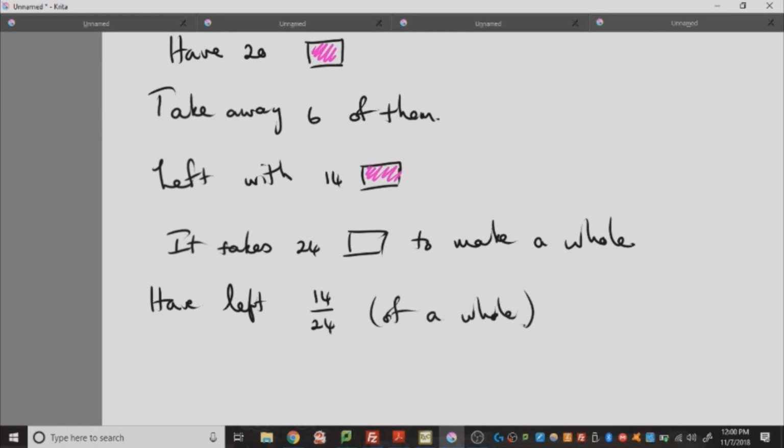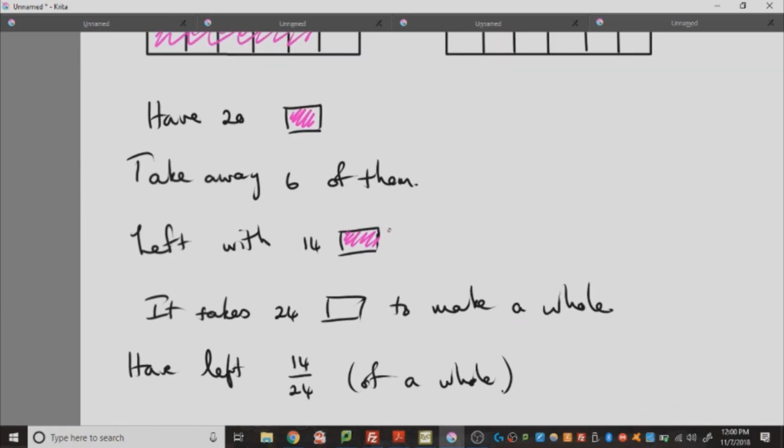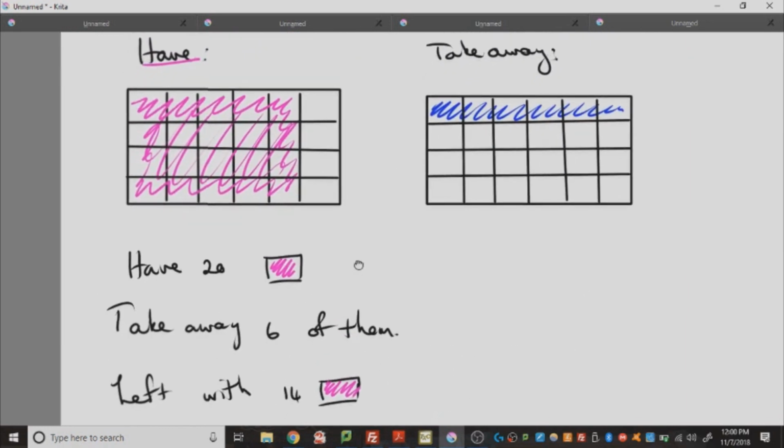Of course, that's always attached to the fraction. Or you can actually just indicate the taking away process on your rectangle. That's fine too. Or you can do both, or just one.